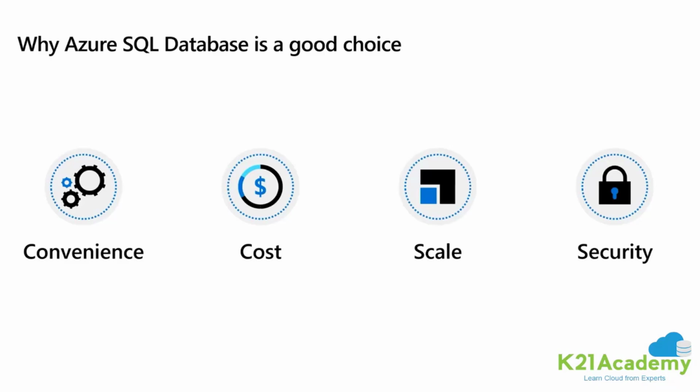It's highly scalable, and whenever the scaling happens, there is no downtime. It's zero downtime. It scales in real time. And when it comes to security, we have encryption at rest, encryption in motion, Always Encrypted, and many more things by which we can make it more secure.